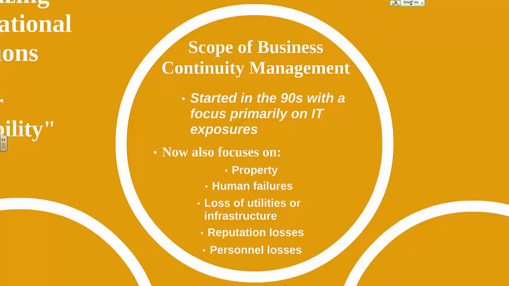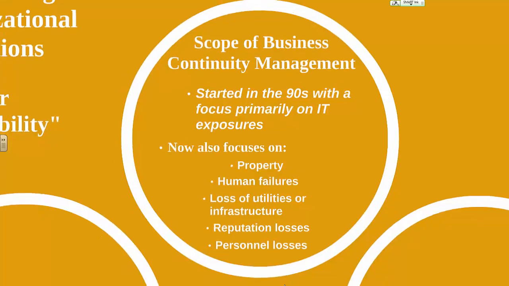Reputation, along with IT, continues to be some of the most significant areas of focus for businesses, primarily for large corporate entities. But today, more and more small businesses are highly dependent on information systems, and because of easy access to information provided by the internet and social media, small businesses are much more susceptible to reputation losses.